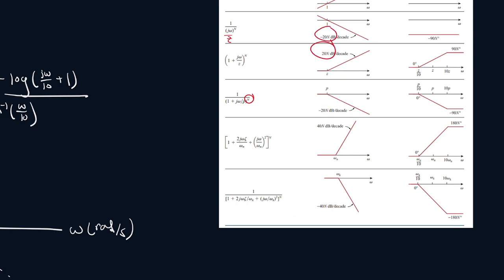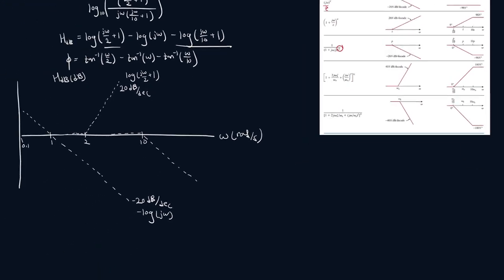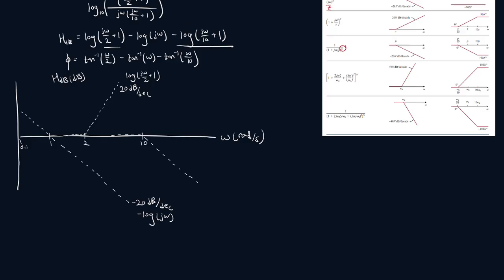And same goes for everything else, because it's 20 times n, n being the power. So this one, it's minus 20. Hold on, let me draw this more. Okay, minus 20 decibels per decade. So it's minus log jw over 10 plus 1.